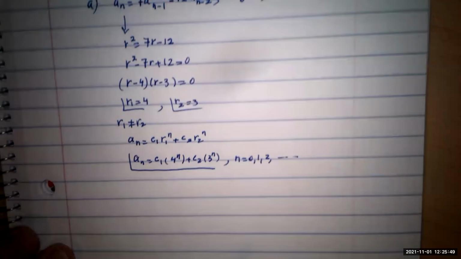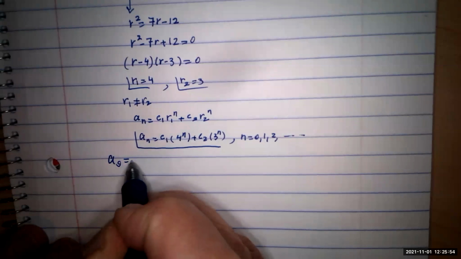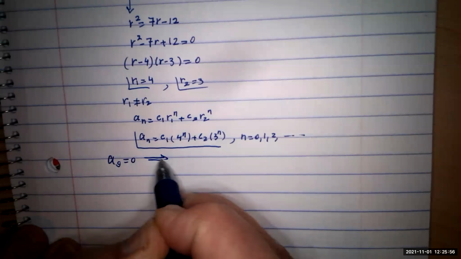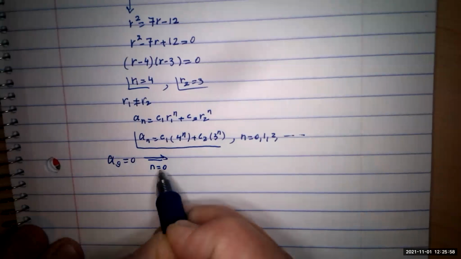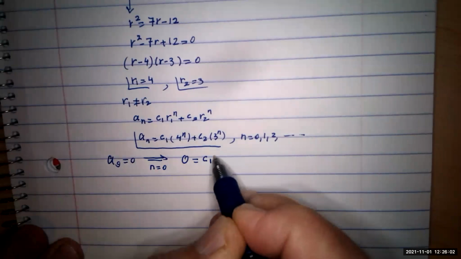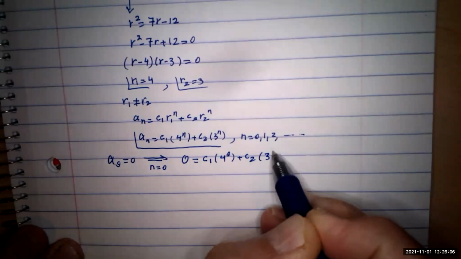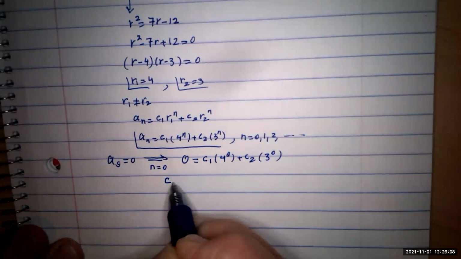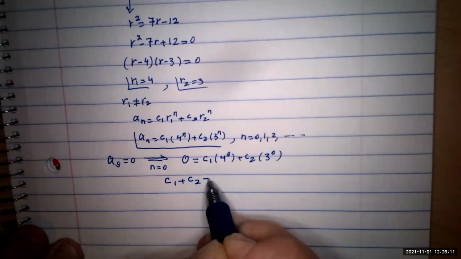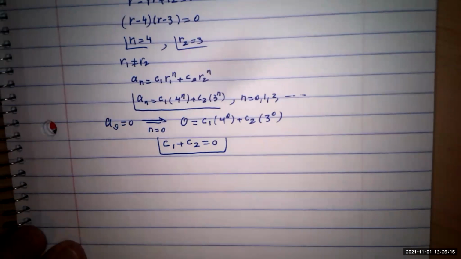You have to substitute to get C1 and C2. a_0 equals 0. You replace n by 0. So it's 0 equals C1 times 4 to the 0 plus C2 times 3 to the 0. That gives you C1 plus C2 equal to 0. This is one equation. Any question?